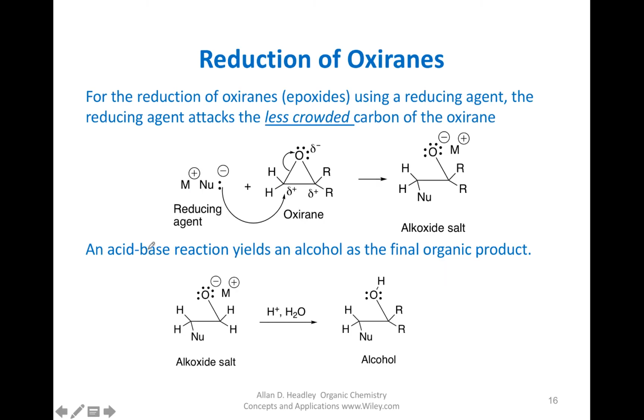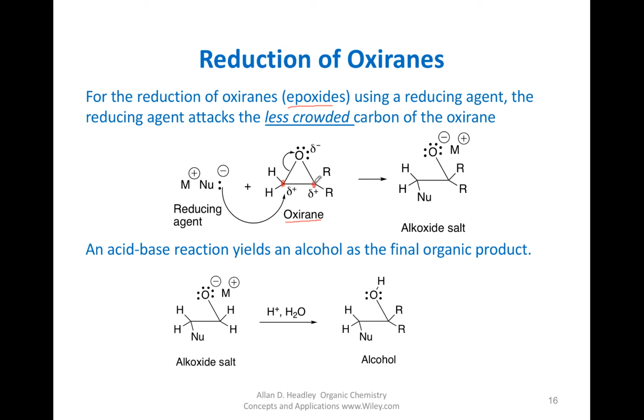Let us look at the reaction of a Grignard or organometallic with another functional group that looks pretty close to the carbonyl. It's called an oxirane or an epoxide. This is the structure. We've seen that before in the previous chapter. The key here is that this carbon is partially positive.